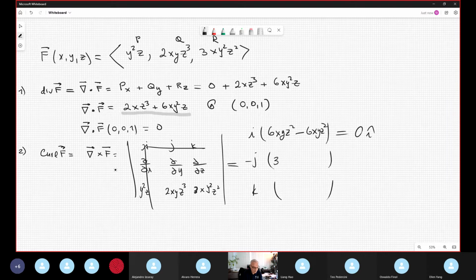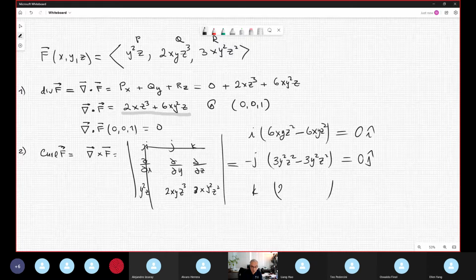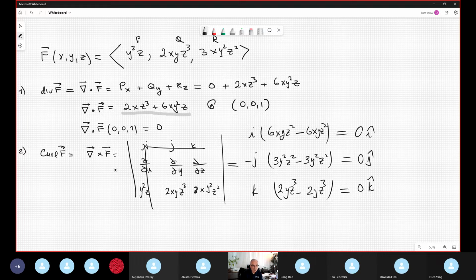It's 3y squared z squared minus 3y squared z squared, which is 0j, and 2yz cubed minus 2yz cubed is 0k. Therefore, I discover that the curl of this vector field in this example in 3 dimensions is 0, 0, 0, which is the zero vector.